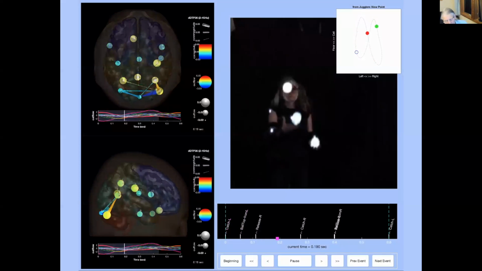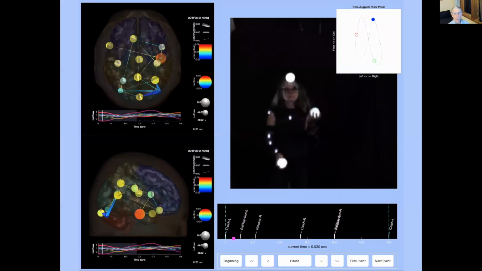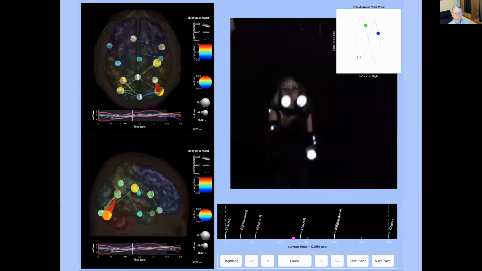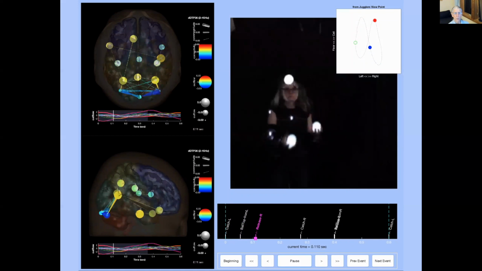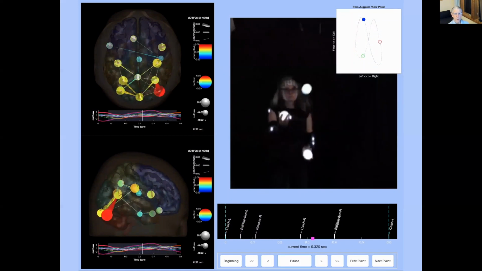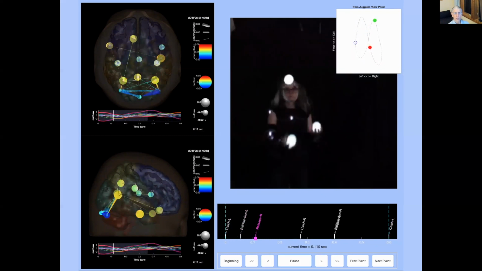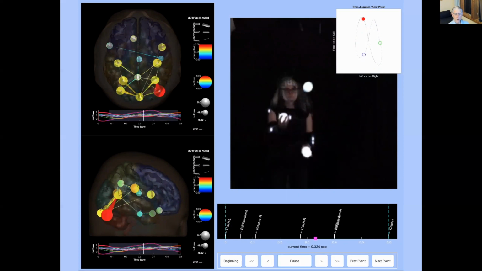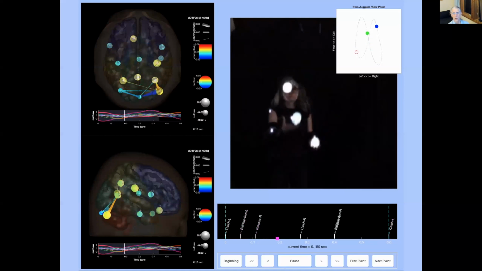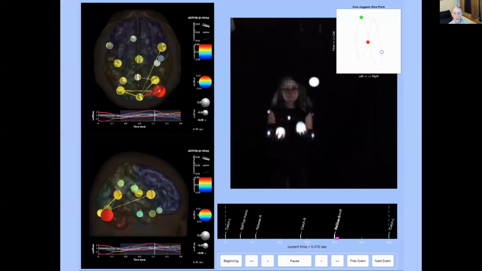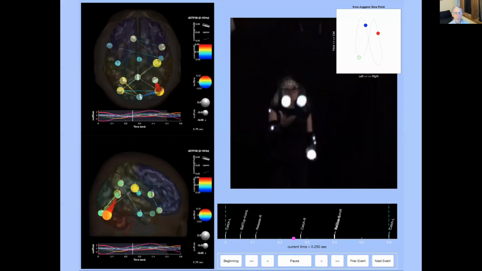Hiroyuki Kambara from Tokyo Tech ran these experiments in our lab, and here he shows a quasi-Granger causal estimate of information flow between independent component processes, shown here in their dipolar location, during the three-ball juggling cycle for this subject across quite a few minutes of successful juggles.